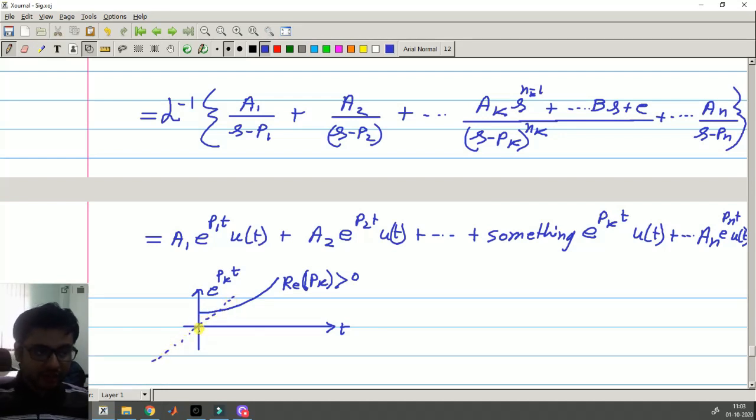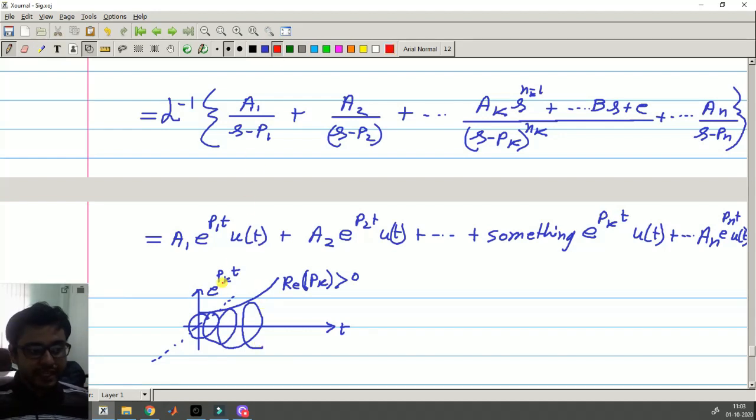plane. We need a 3-dimensional plane with real and imaginary parts separately. Then that signal will possibly look like this. But if the real part is positive, then the envelope of that signal will again increase with time exponentially.